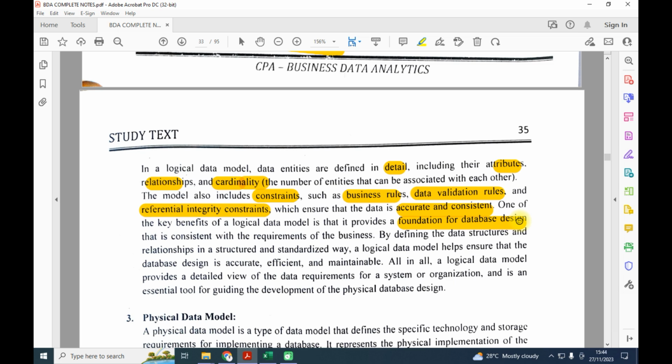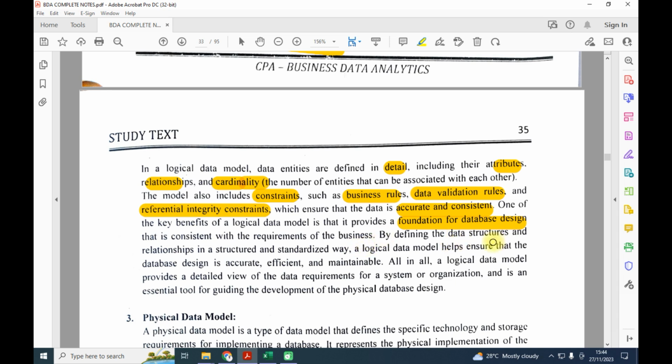When you talk about the relationship between tables, the primary keys, the foreign keys, that is under database or MS Access, which is a basic model that can be used to create databases. And that's why the logical gives us a foundation for creating and designing the database, and these designs are consistent with the requirements of the business.